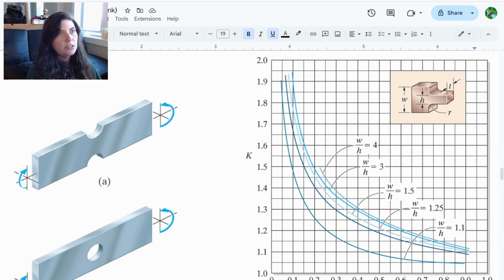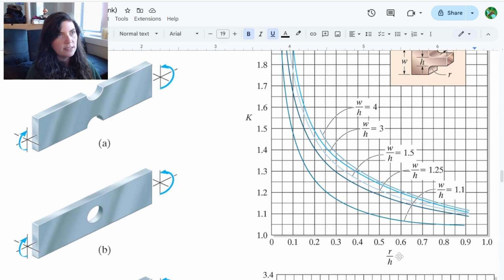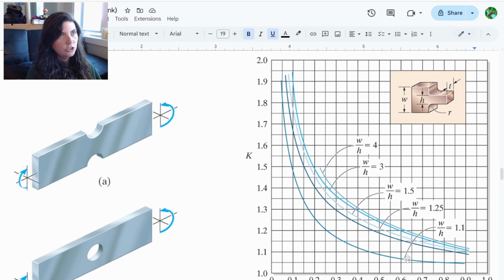And we're going to need to pull two values. We can see our x-axis is r over h. And then our line is going to be w over h. So h is the height of the skinnier portion, W is the height of the wider portion, and then r is the radius of that fillet.